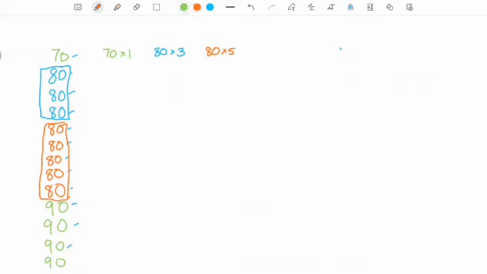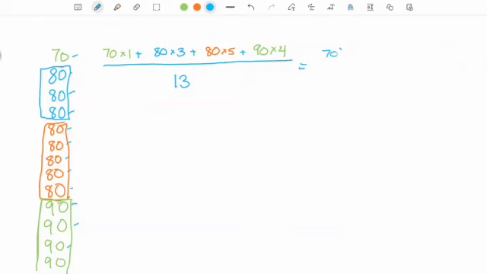And then finally the 90, which is weighted at 4, has a value of 90 times 4. And when we add all of those pieces together, the 70, the 3 80s, the 5 more 80s, and the 4 90s, we're going to divide by the total number of weighted things, or the total number of weights, which is going to be 13.